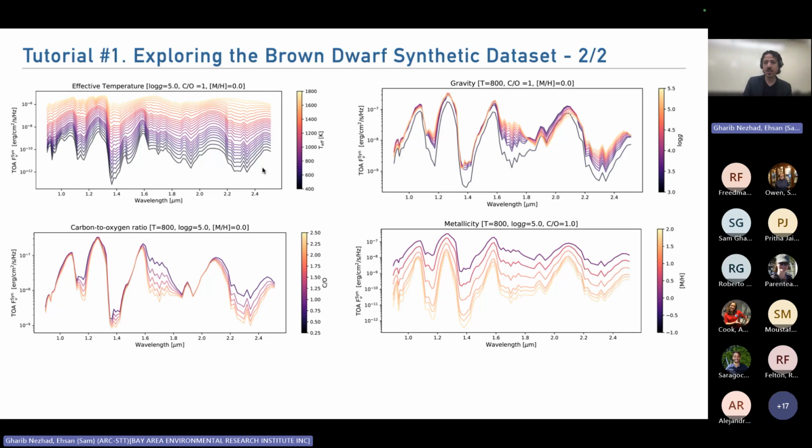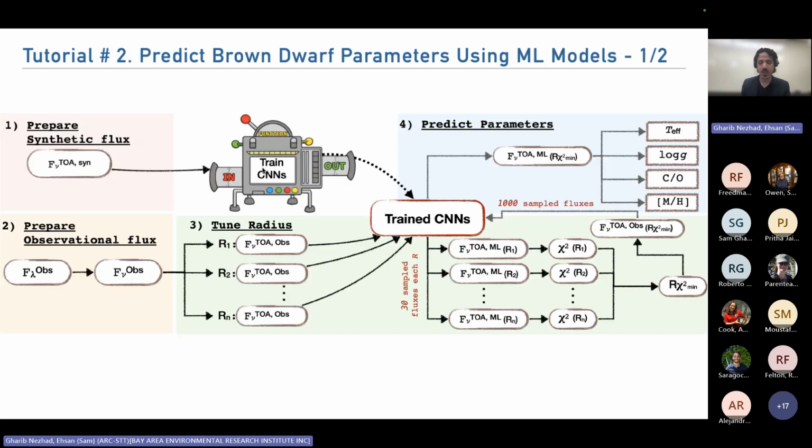Okay, so if there is no question, then we can go to the next step. It's showing the workflow of the prediction. The assumption is that you don't care about training the model.